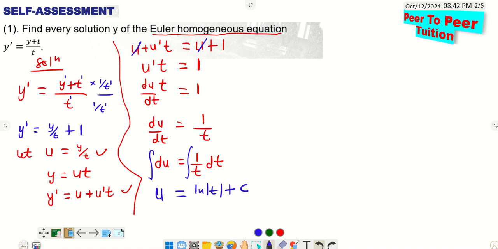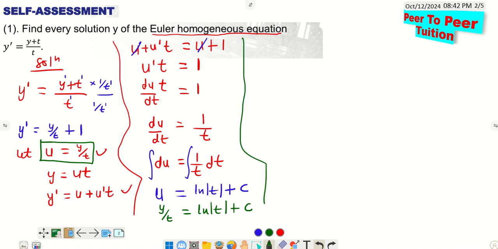But remember that u is equal to y on t, so we can substitute that here. So we have y on t should be equal to ln t plus c. Then I can multiply through by t.